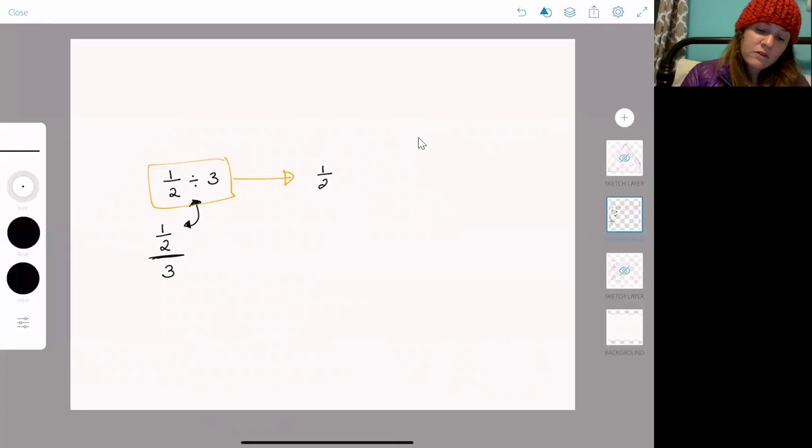So what I'm going to do instead is think of it this way. 1/2 divided by 3 is the same thing as 1/2 times 1/3, because we know that these two are called reciprocals of one another. If I were to take 6 and divide it by 3, it equals 2.